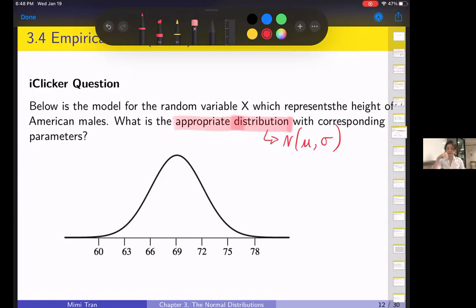Anybody? If I ask you what is the distribution of this curve, you're supposed to answer N, then parentheses, and plug in the value for mu and the value for sigma. So what are the values for mu and sigma?